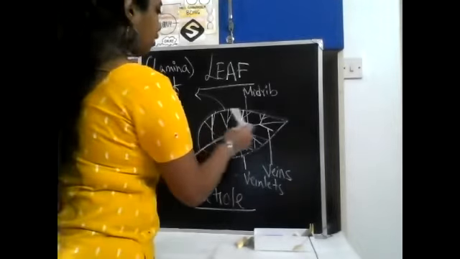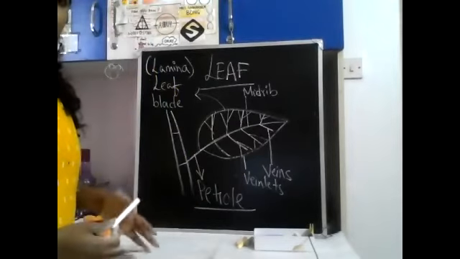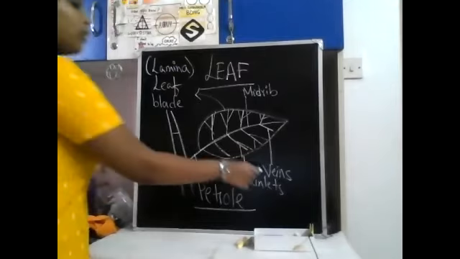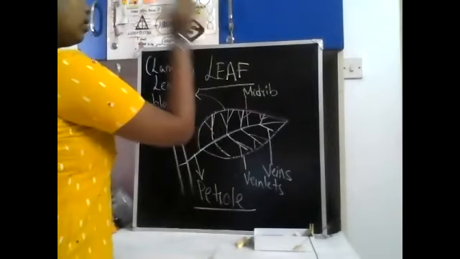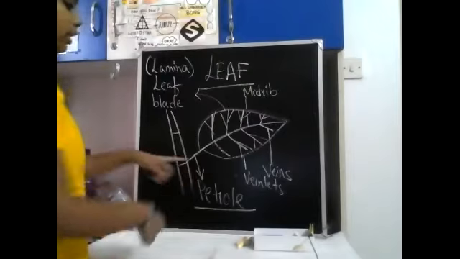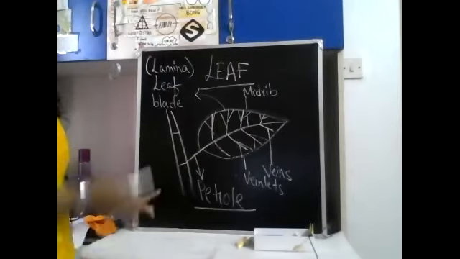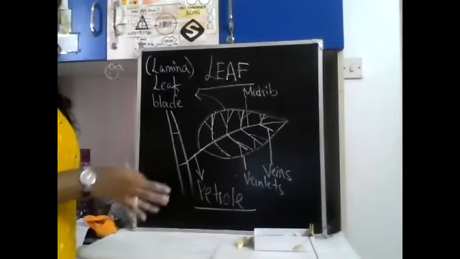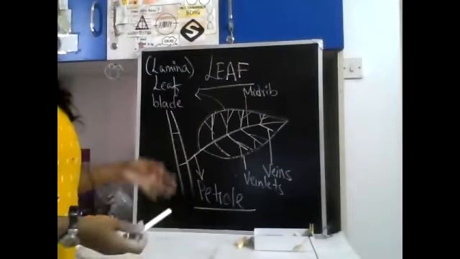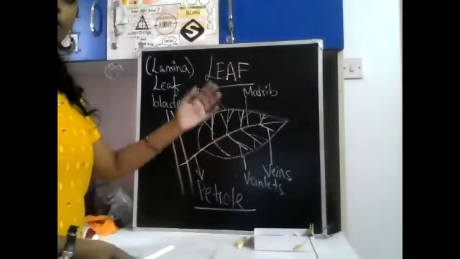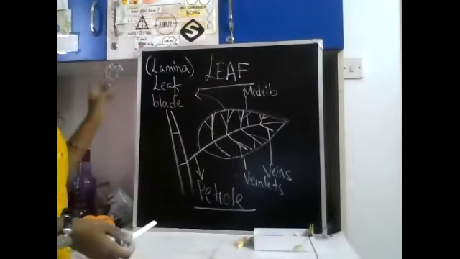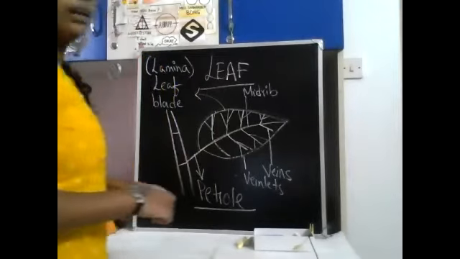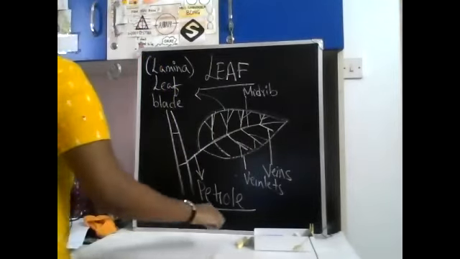This is where major photosynthetic activity takes place. Veins, veinlets, midribs are all connected with the petiole and then the stem. So this entire network is what is important for the transportation of water, nutrients to the leaves, and then food to the plant. Okay, so these are the different parts in a leaf.